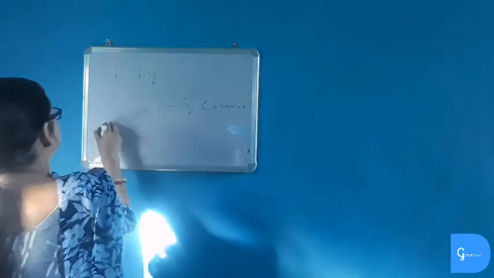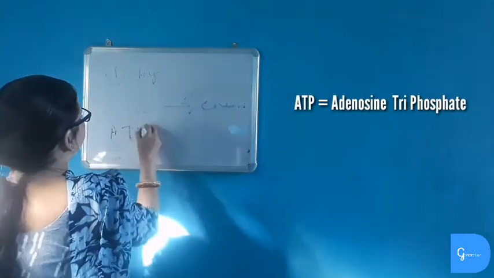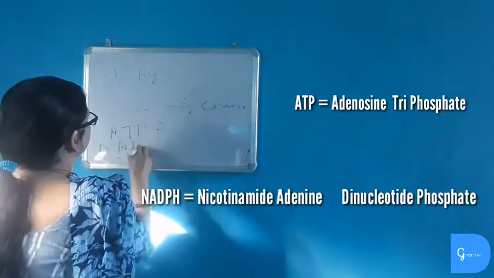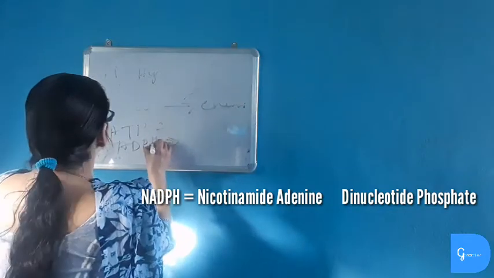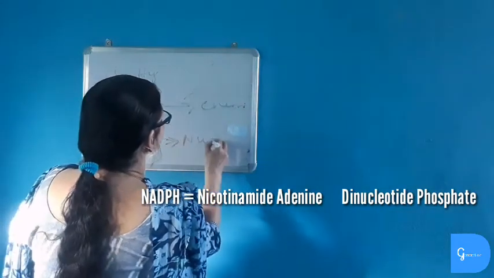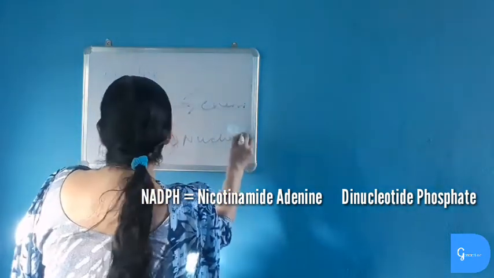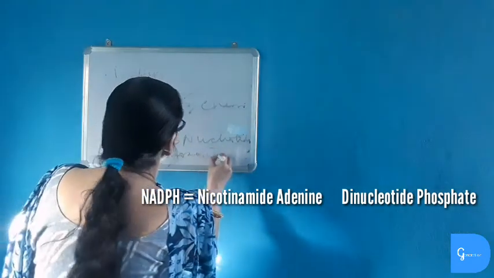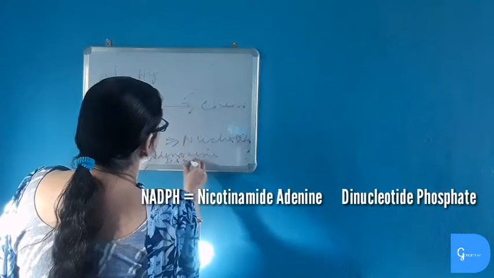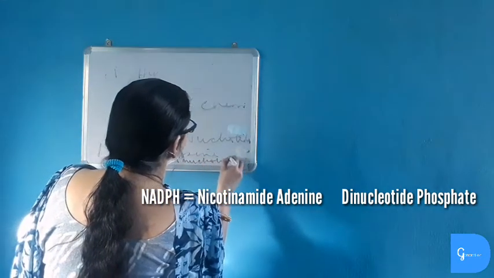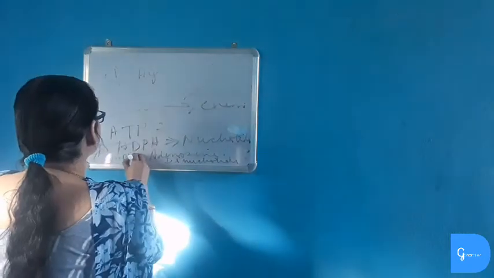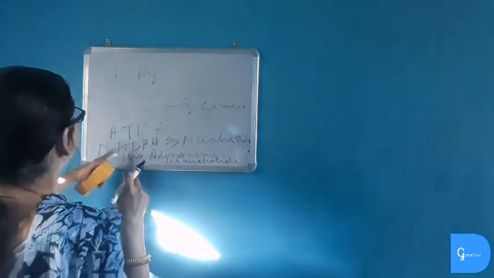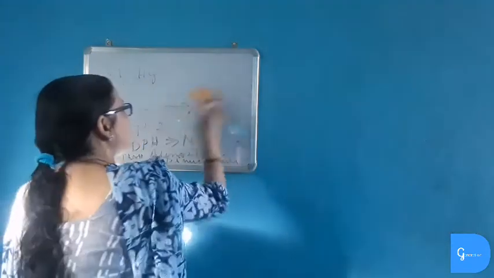Chemical energy means it is transformed into ATP, adenosine triphosphate, and NADPH, which means nicotinamide adenine dinucleotide phosphate. So solar energy is converted into ATP and NADPH. This takes place in light reaction.